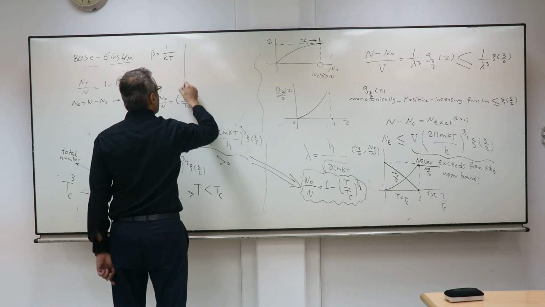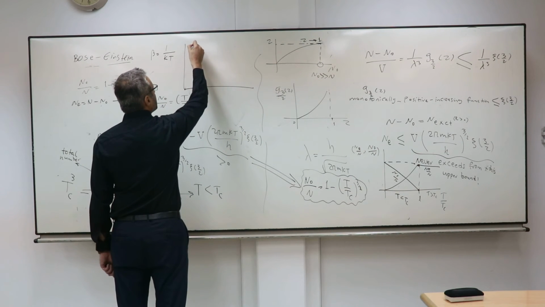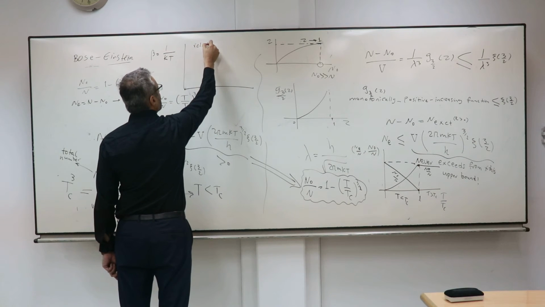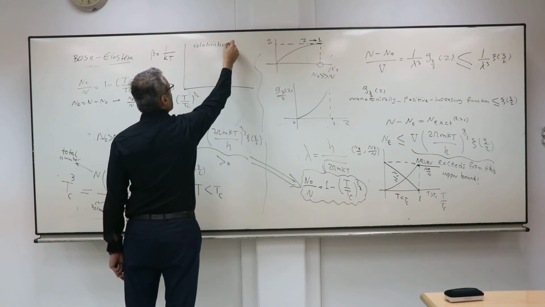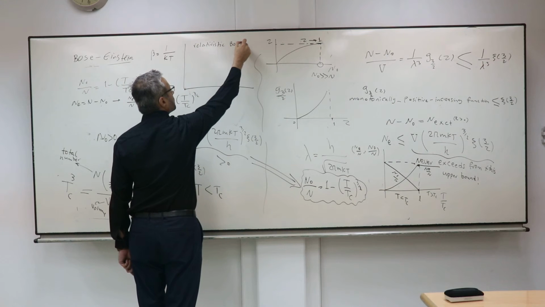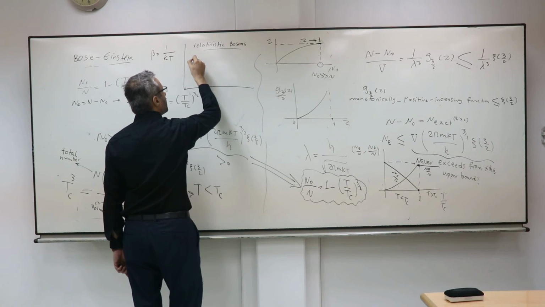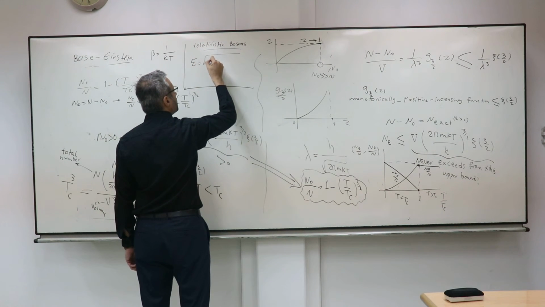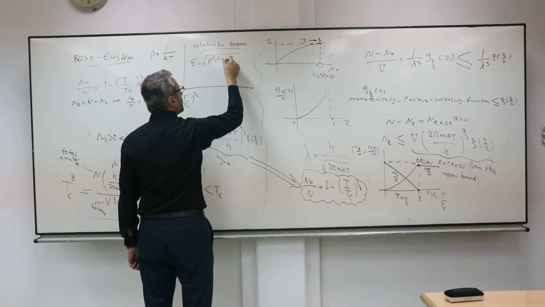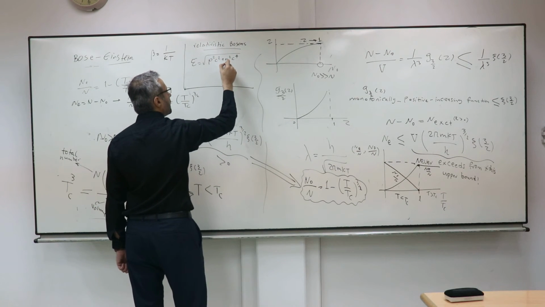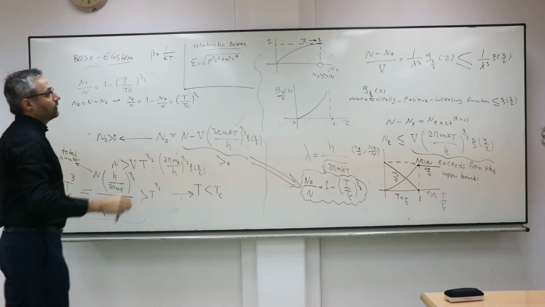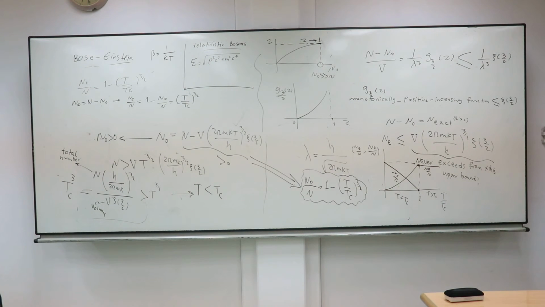For example, if you just change this to a relativistic boson, when the energy is the square root of p squared c squared plus m squared c to the fourth, where m is the mass. You can repeat this, I actually repeated that before in the past.